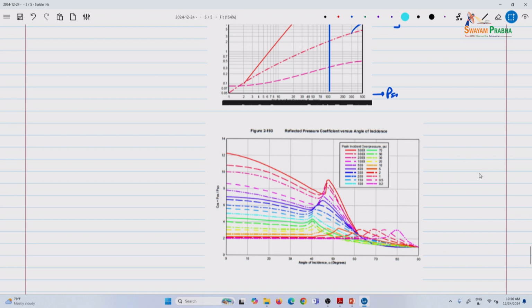So, if you see, this is the reflected pressure. No, this is not for vented.